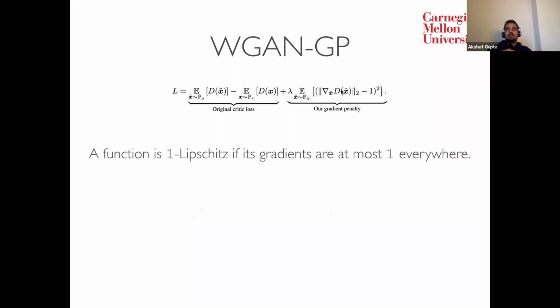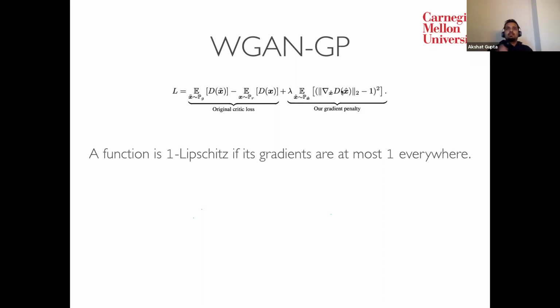So you're not trying to restrict the gradient of the discriminator at all points in space, but at random points between the generated and the actual data distribution. It turns out that's usually enough for GANs. That's also our region of interest, because that's the distance we're trying to minimize.